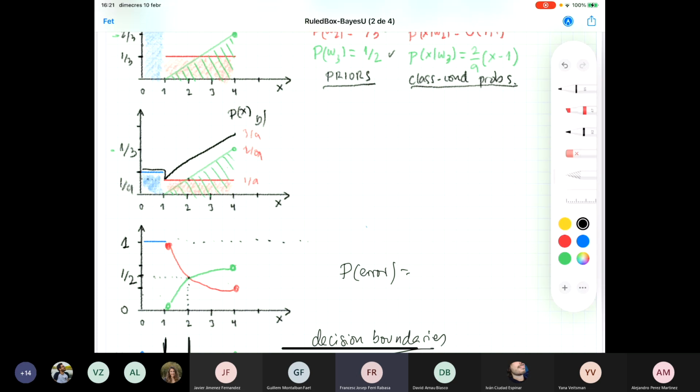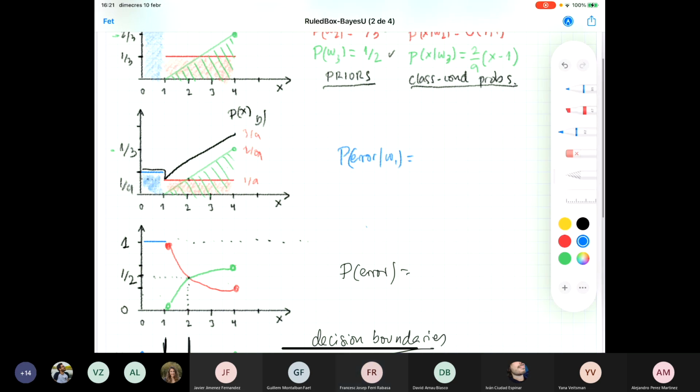So, for example, the probability of error just for class 1.